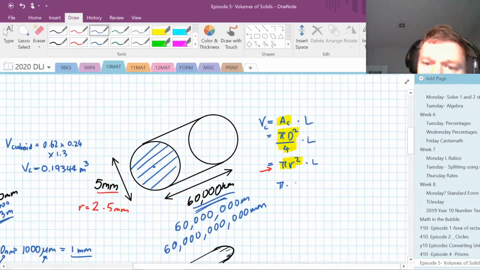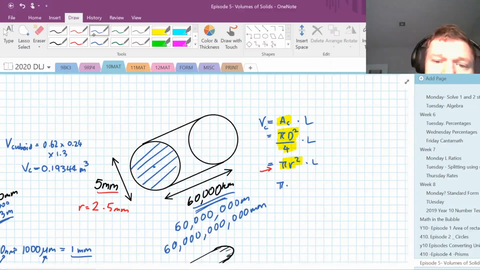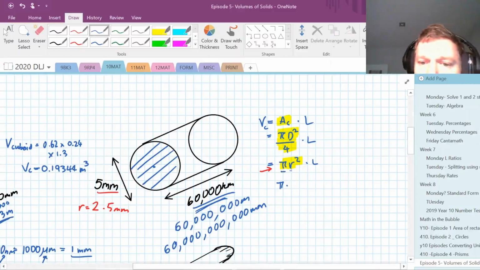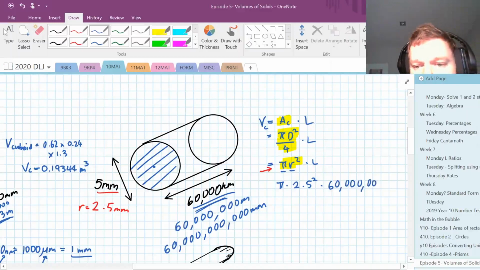So in our formula, pi times radius squared, our radius is 2.5 millimeters squared. Actually I said that wrong, it's 2.5 squared. And then multiplied by 60 billion millimeters.